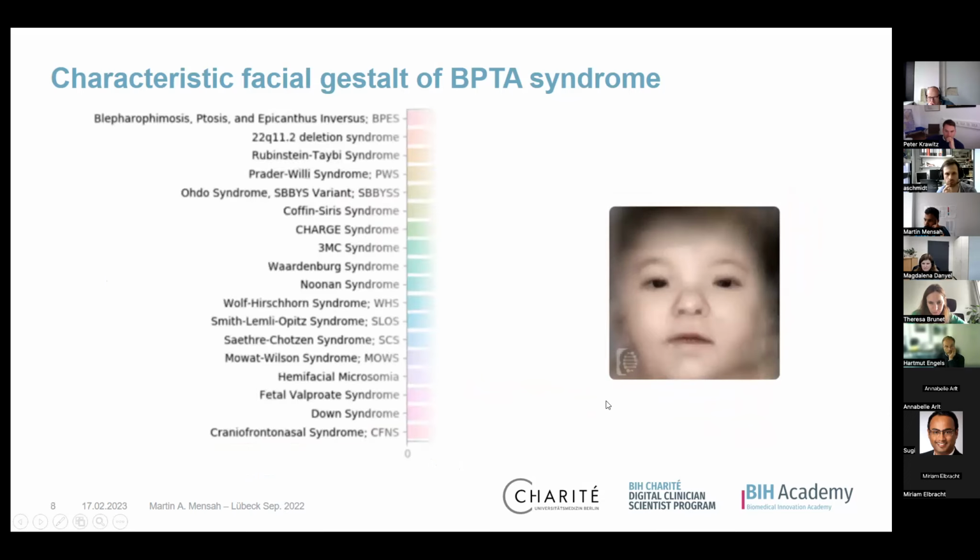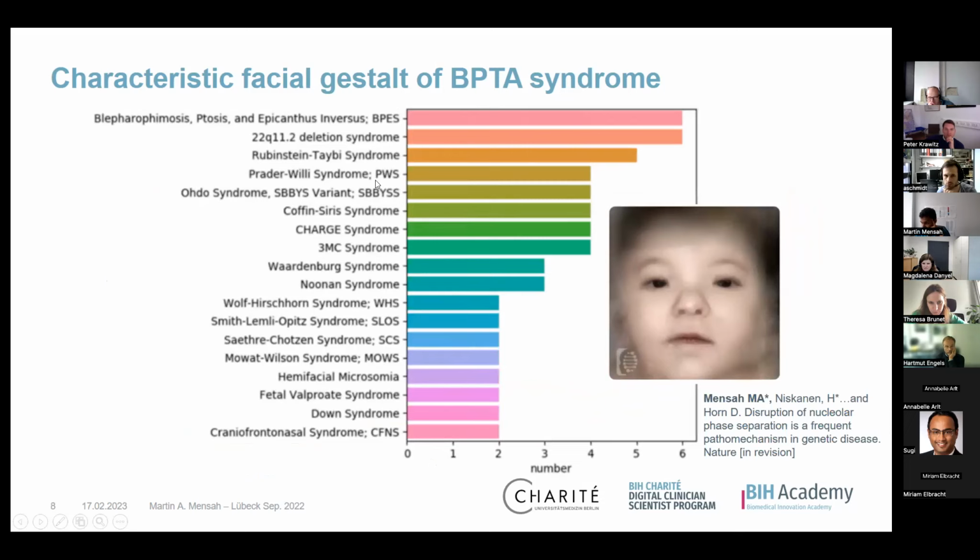This can be caught by DeepGestalt, not because it suggests this disease, BPTA syndrome, because it's not trained for it, but it suggests something else: blepharophimosis, ptosis, and epicanthus inversus syndrome. This is something that DeepGestalt would only very rarely suggest, and in nearly all of these patients, it was suggested. That's why we also show that they share a facial characteristic, which further reassured us that they have the same condition.